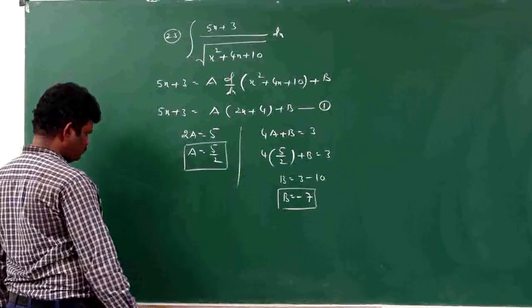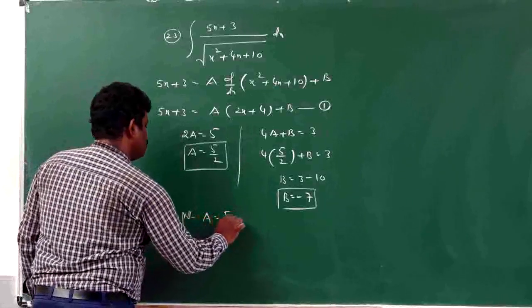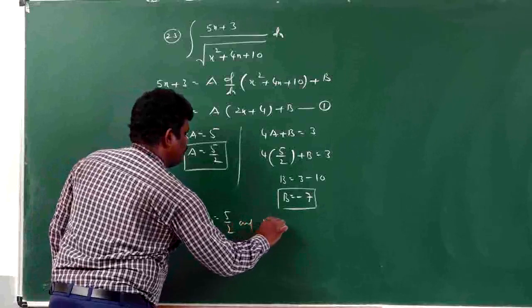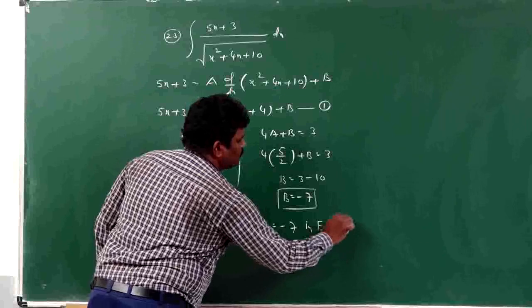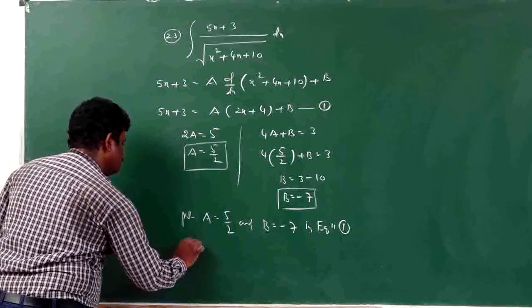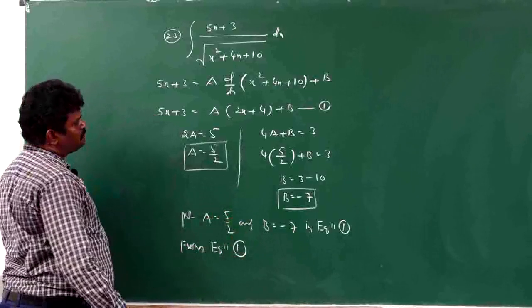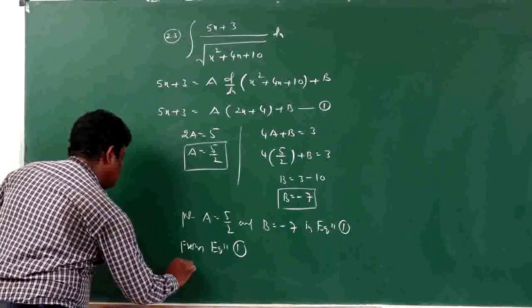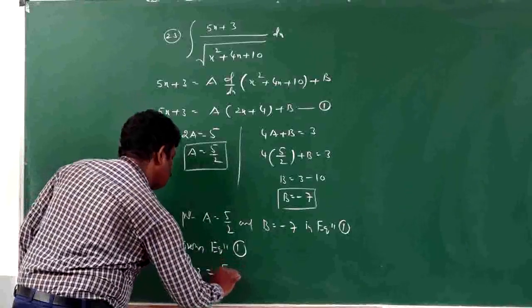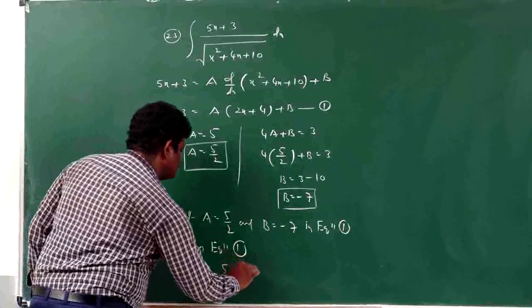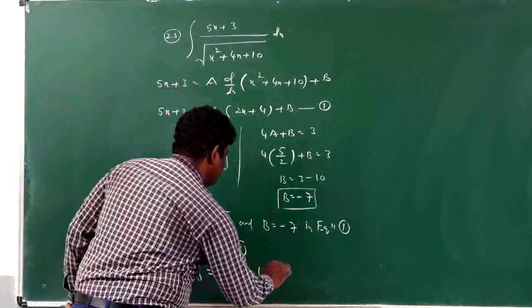Now see, put a equal to 5 by 2 and b equal to minus 7 in equation 1. From equation 1, 5x plus 3 is equal to 5 by 2 into (2x plus 4) minus 7.